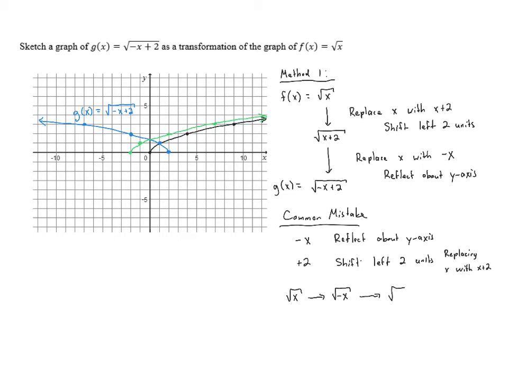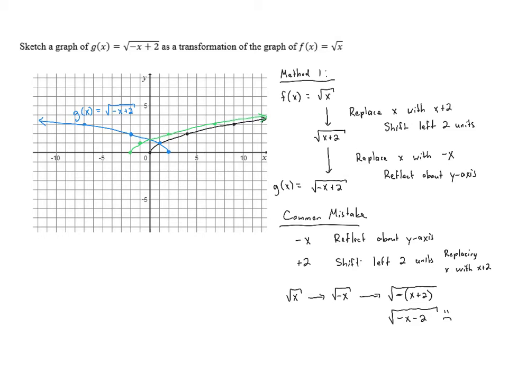If we wanted to replace x with x plus 2, but we've got that negative in front, what we're really doing is we're taking the opposite of x plus 2, and if you simplify that by distributing that negative, we end up with the opposite of x minus 2, which is not actually the function that we wanted.